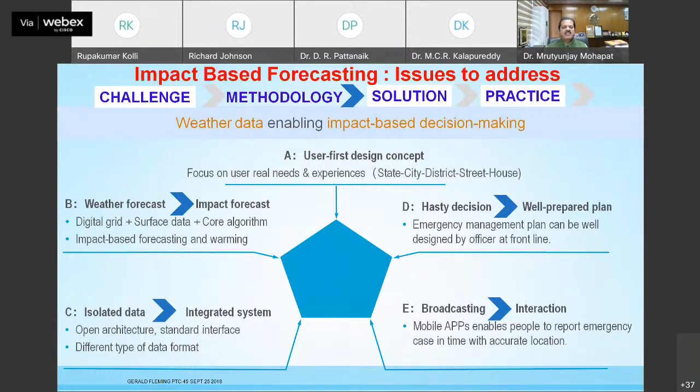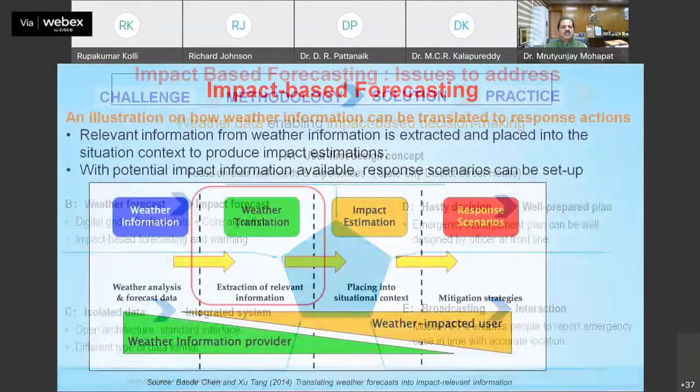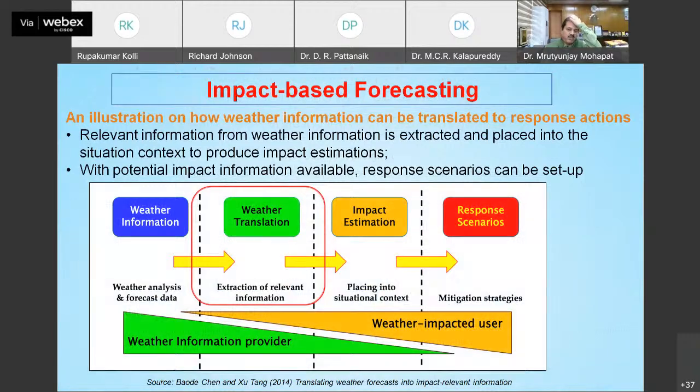So far, many national meteorological and hydrological agencies have prioritized formulating their weather forecast without taking into consideration the user's mindset, user's design, or the user's expectations. So the impact forecast starts with the user-first design concept. Therefore, we will be converting the weather information into the response mechanism through weather translation and impact estimation.